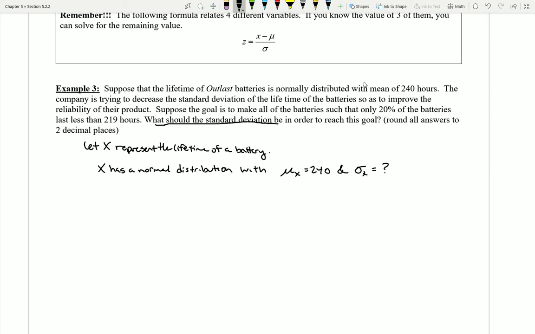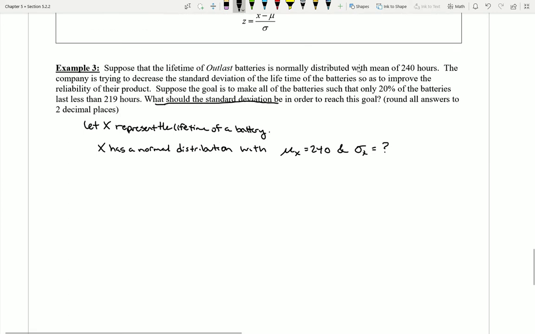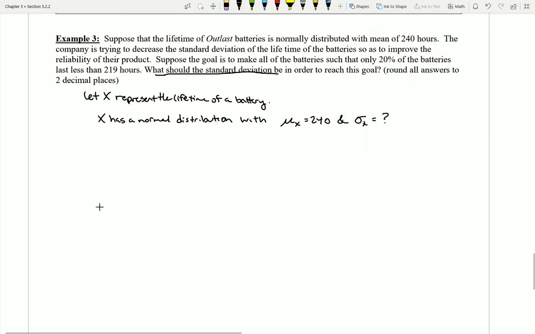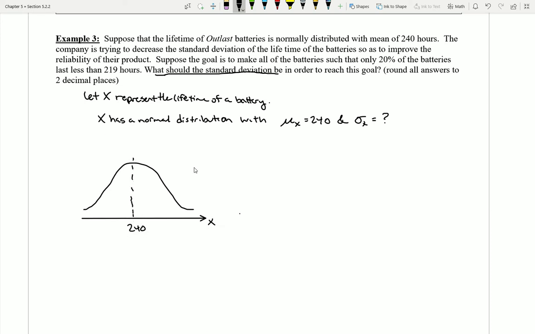Okay, well, do we know anything else? Let's see if we can draw a picture here of what's going to be happening. So I'm going to go ahead and sketch out my nice normal distribution. I'm going to draw my normal curve. Okay, so I know that I have my mean of 240 sitting right here, and my standard deviation of x is, well, still unknown. Well, what is it that I know? Well, I at least know part of the goal, right?